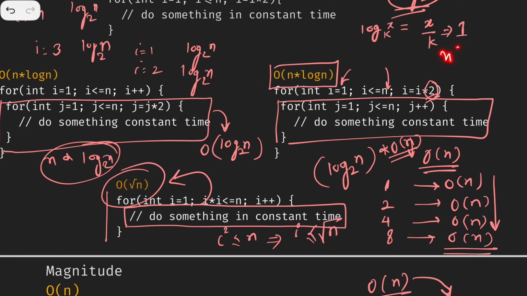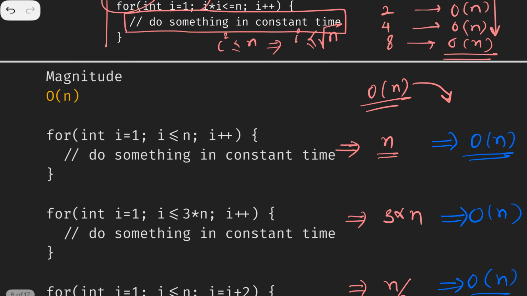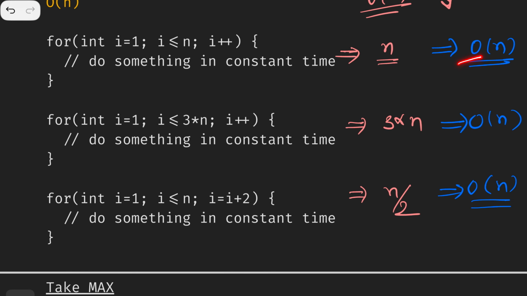In n log n, when n is 100, the value of n will change and the value of log n will also change. For n equal to 1000, the value of n will change, the value of log n will change, correct? So big O notation hides all the constant factors but keeps all the values that are going to change when the input size is changed.